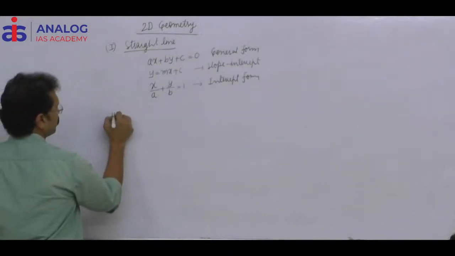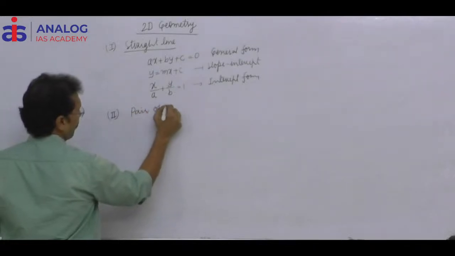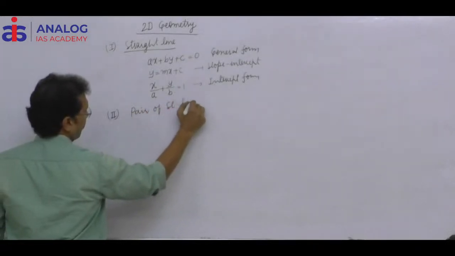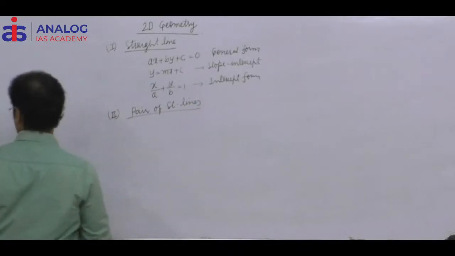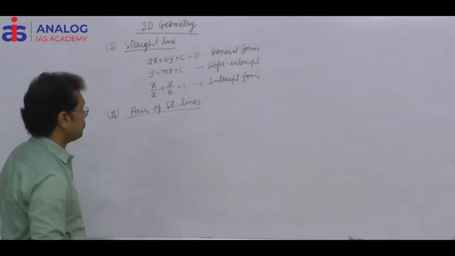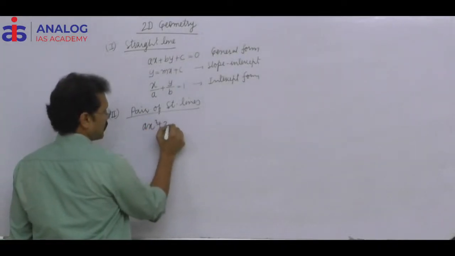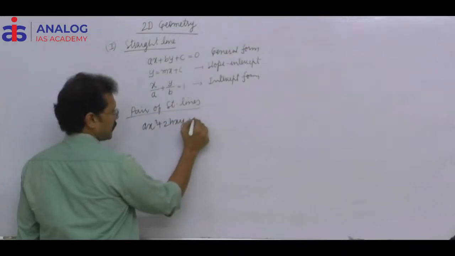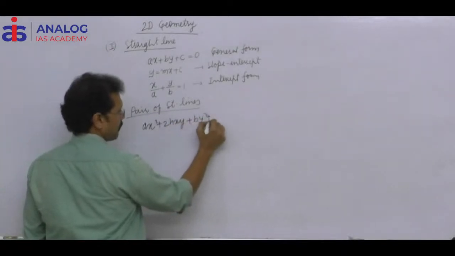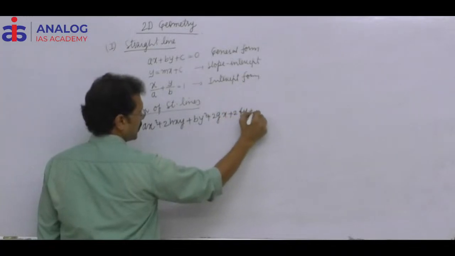2. Pair of straight lines. Now ax square plus 2hxy plus by square plus 2gx plus 2fy plus c equal to 0.